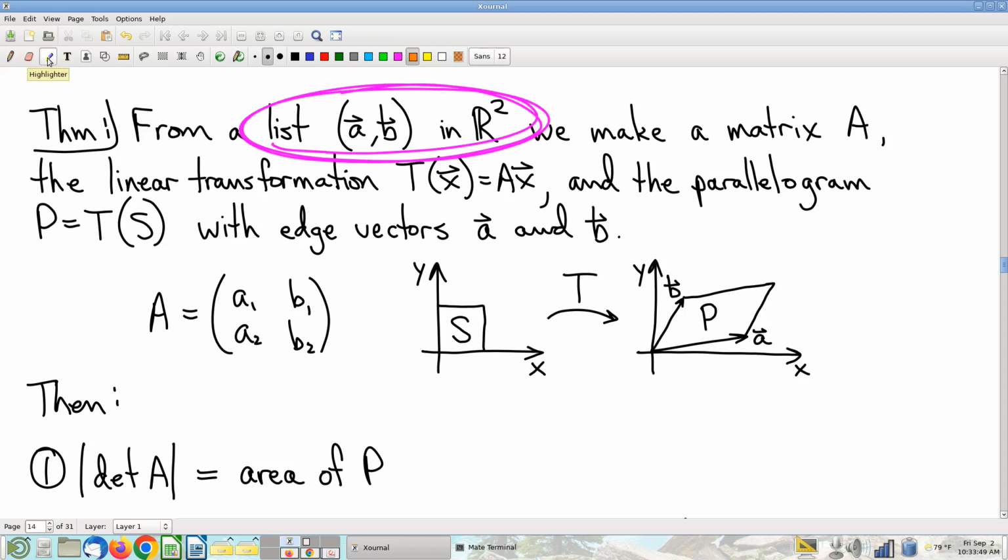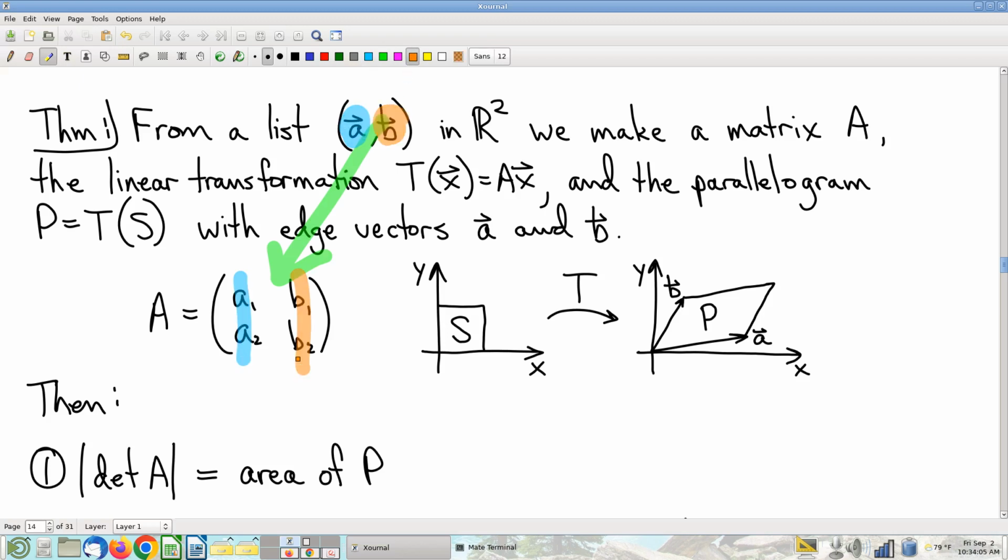Switch back to highlighter. And from this ordered list, we're going to do a couple of things. First thing we're going to do is take that list and generate a matrix. Whatever the first vector is, we're going to make that the first column, and whatever the second vector is, I'm going to make that the second column. So if you have a list, you can make a matrix. Okay.